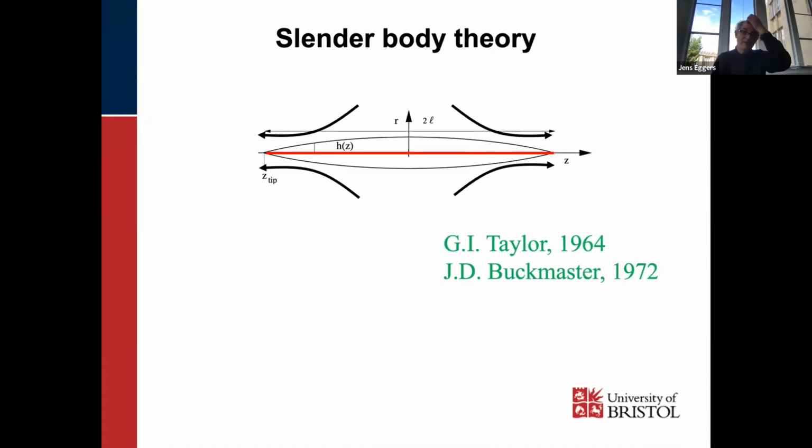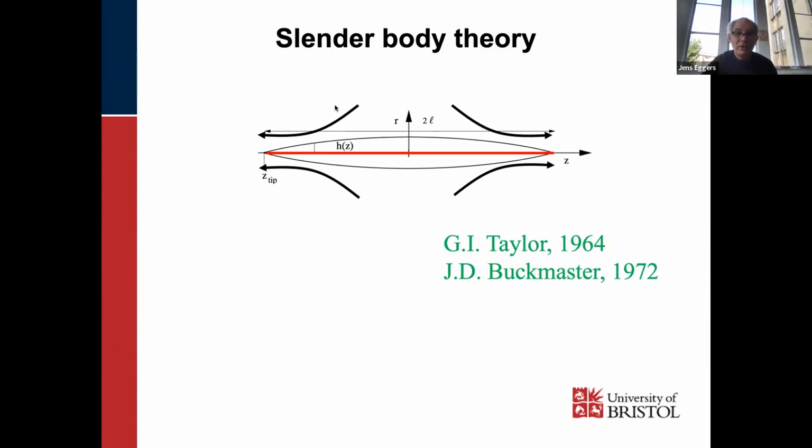So this is quite an old subject. I showed you the publication of G.I. Taylor from the 1930s. In the 1960s, G.I. Taylor again devised an ingenious theory for the deformation of an axisymmetric interface by a viscous flow using what's known as slender body theory.